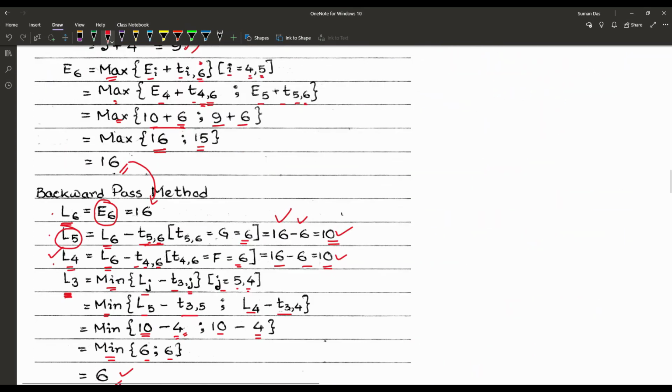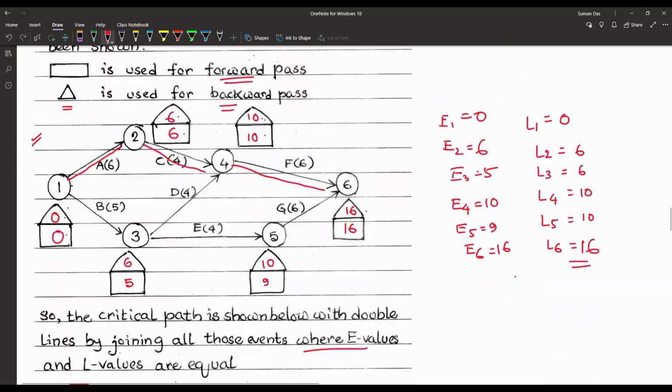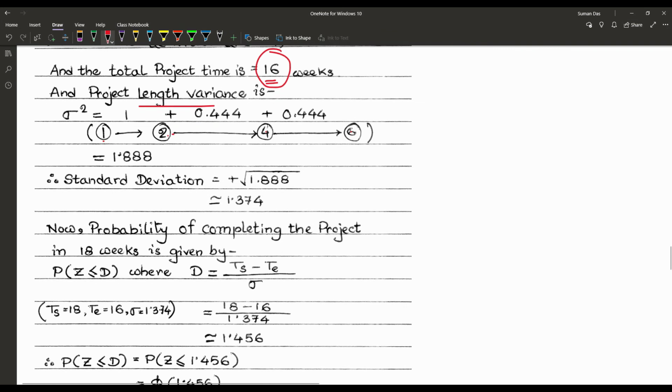So to find out the project length variance, we are using A, C and F: 1 plus 0.444 plus 0.444 is equal to 1.888. Now standard deviation is always the positive square root of variance.